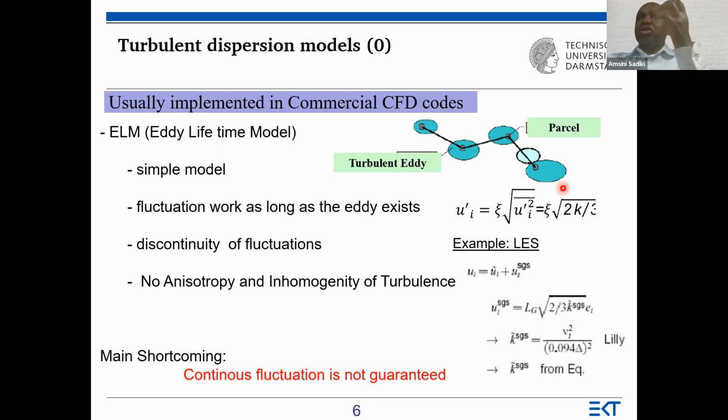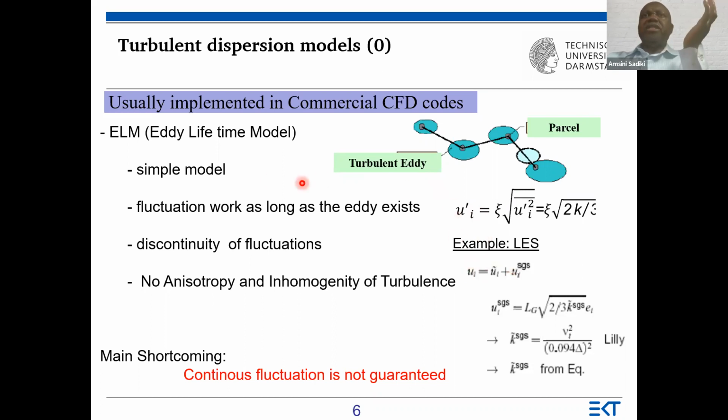This means that the model is very, very simple. We have this fluctuation, which is in interaction with our particle. If we have the kinetic energy, we can get this fluctuation here, and we put it in our expression there, and we get this quantity.